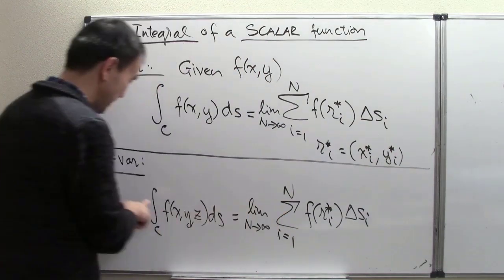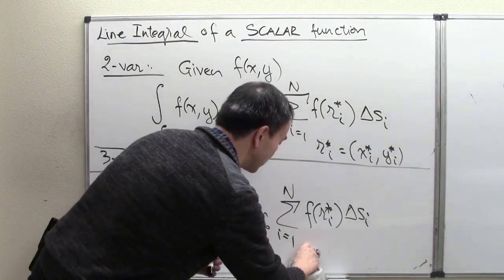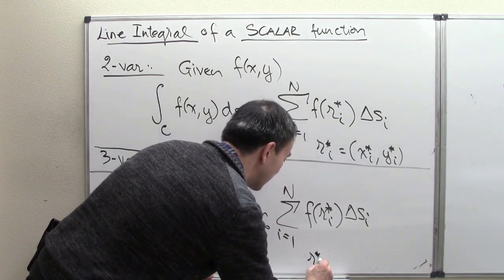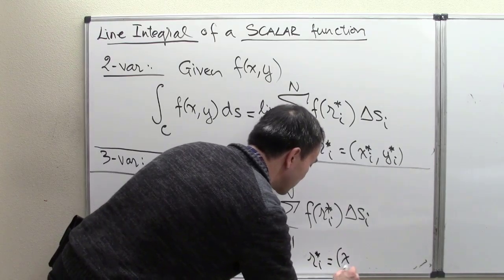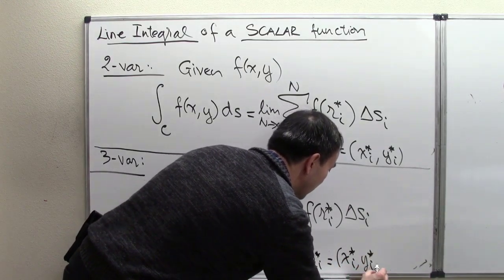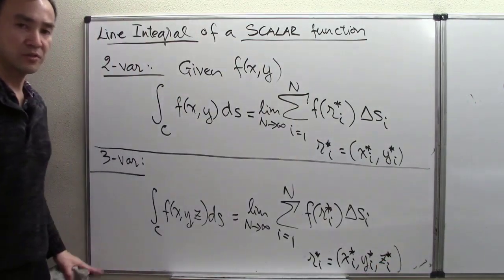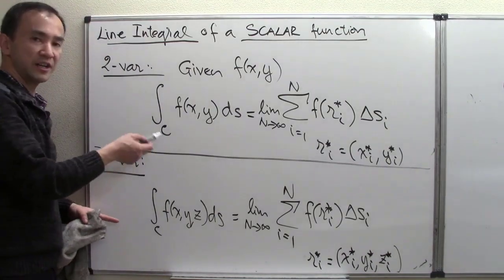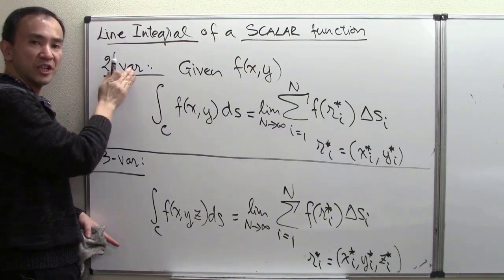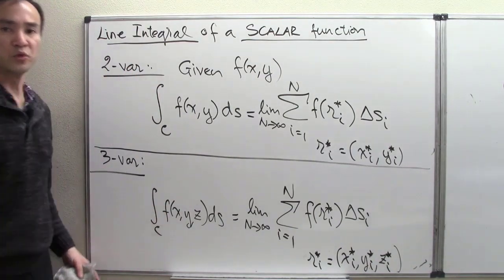And in the case of three variables, r star i is the same as the triplet x star i, y star i, and z star i. All right, so that's how we define a line integral of a scalar function. This is the version for two-variable functions, and this is the version for a scalar function of three variables.